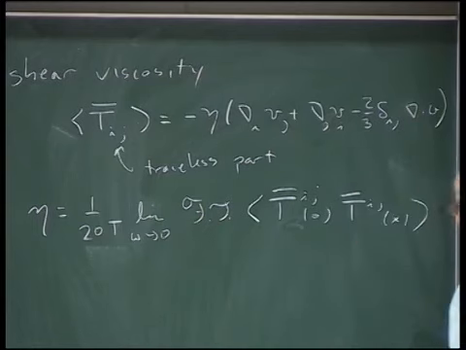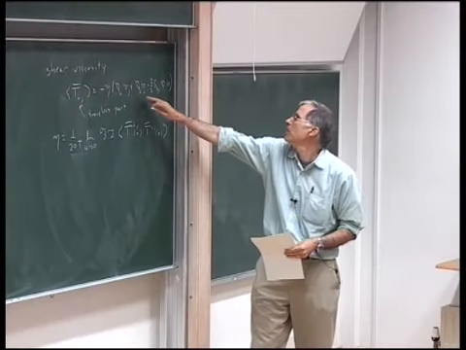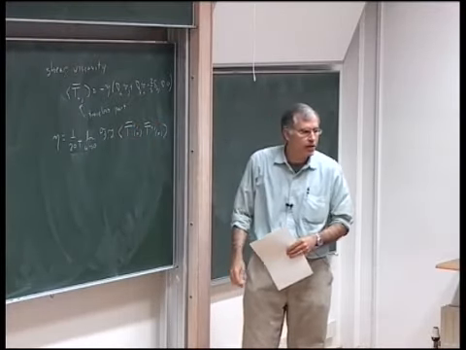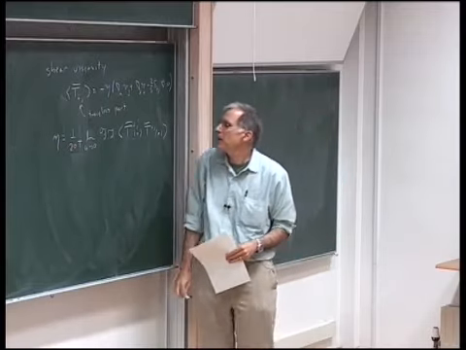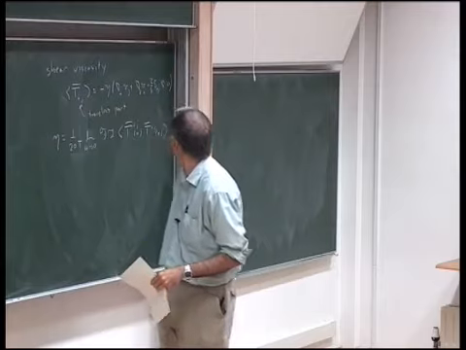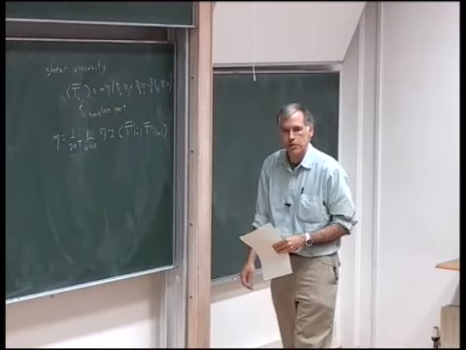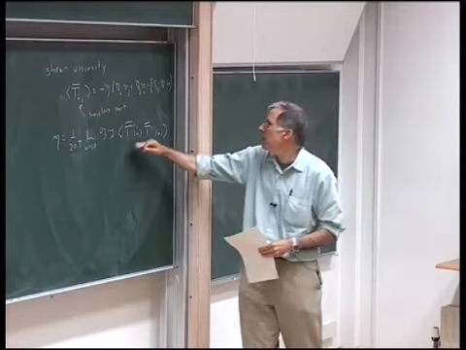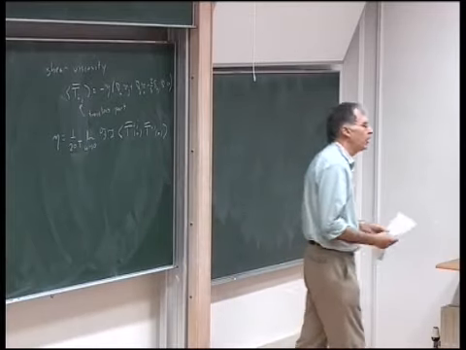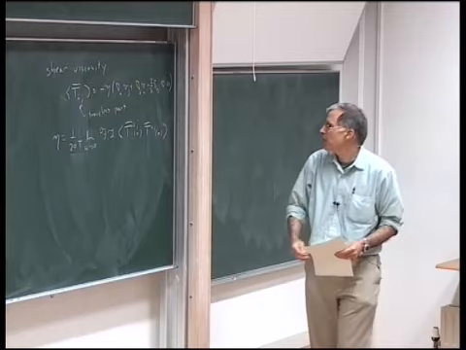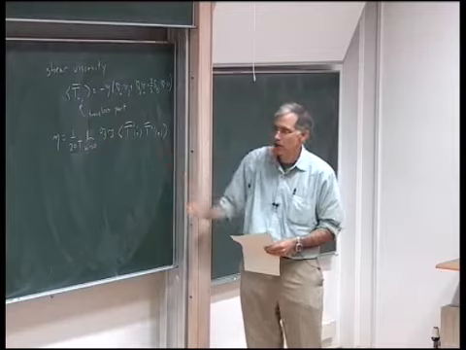There are corrections to that if you have fluctuations, and in particular, if you have a system in which there are gradients of the fluid velocity, then there are corrections to the stress tensor proportional to gradients of that velocity. And for the traceless part of the stress tensor, the coefficient is what is called shear viscosity. And again, the same story applying this linear response formalism gives you a formula for that shear viscosity in terms of a traceless stress correlator.